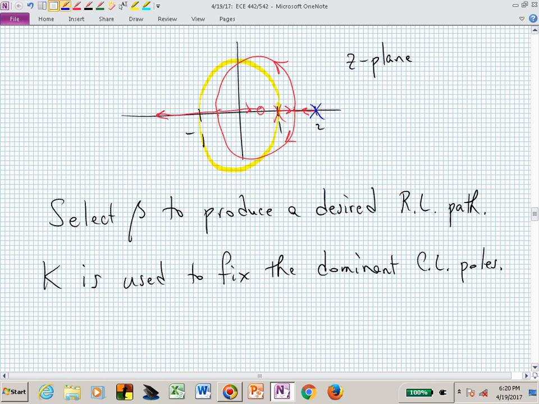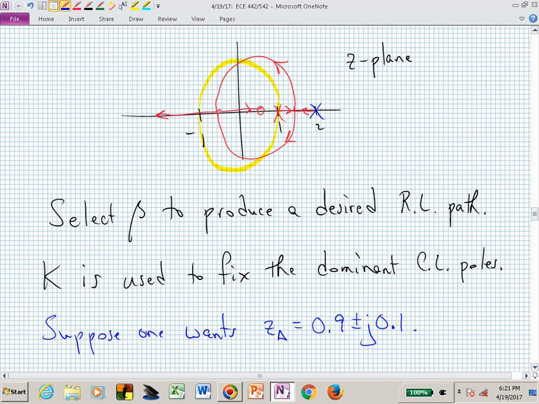Now, suppose one has already in mind a particular set of dominant poles. Suppose one wants dominant poles Z delta to be at 0.9 plus and minus J 0.1.